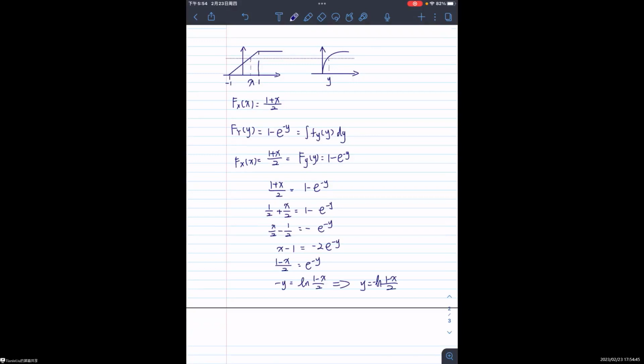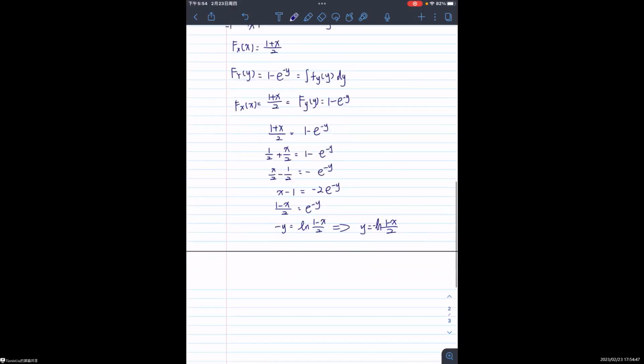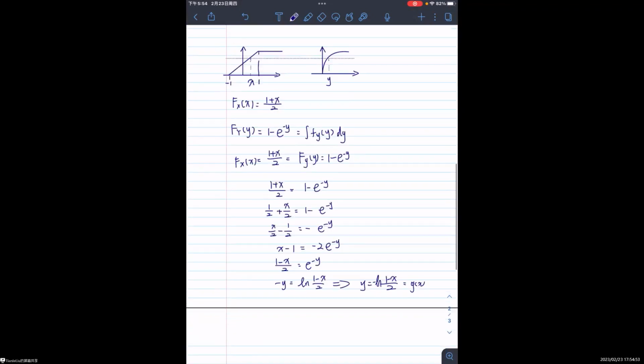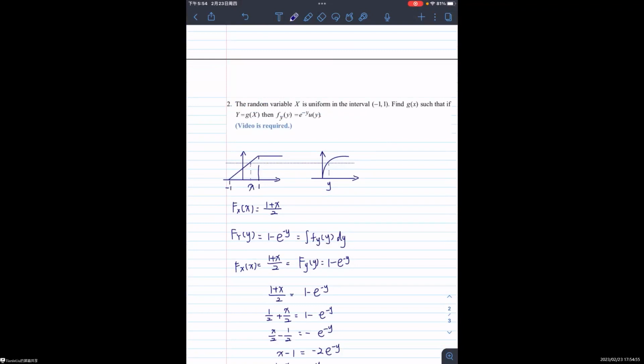And here are the steps for the calculation. We get the formula of y, so we can find the g(x) that satisfies the requirements of the problem.